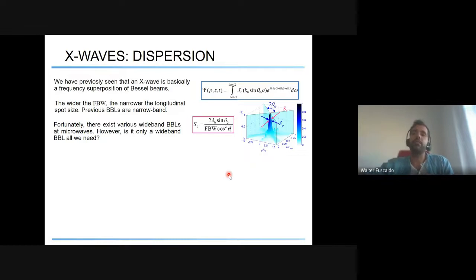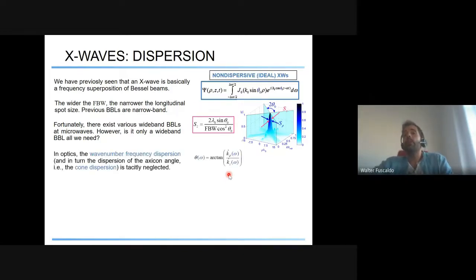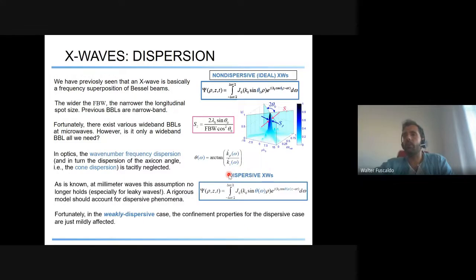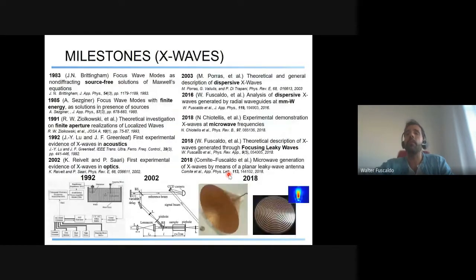However, if the frequency dispersion of the axicon angle, also called cone dispersion, along the fractional bandwidth is not really important, we are still able to generate limited-dispersive X waves. You can find some rigorous explanation of this phenomenon in some references that I provide at the end of the seminar.